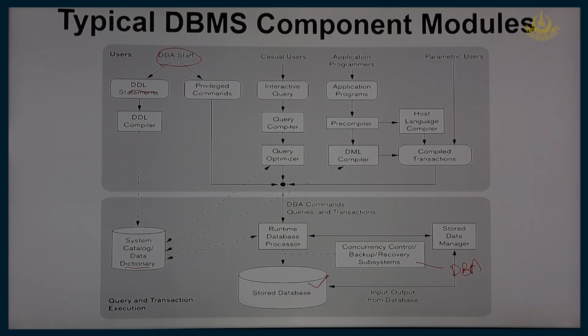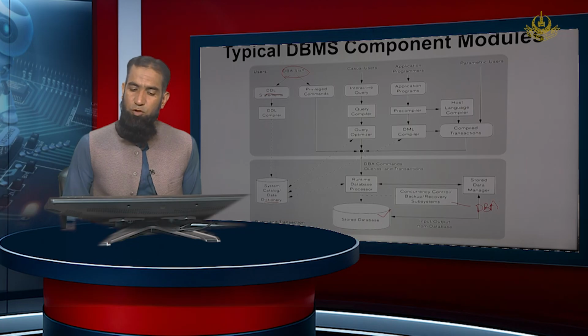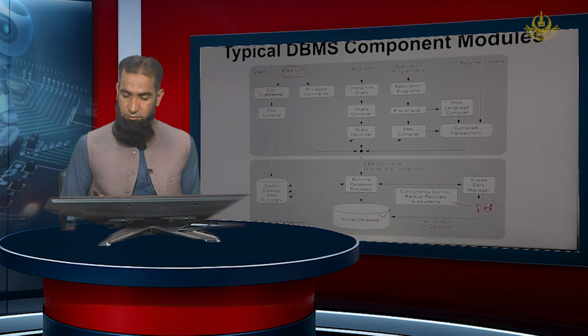They are responsible to perform backup and recovery. Backup is basically keeping different copies of data at different times. That can be a schedule or can be at any time. Recovery means if our database crashes and we lost some records, the process of getting them back is called recovery.